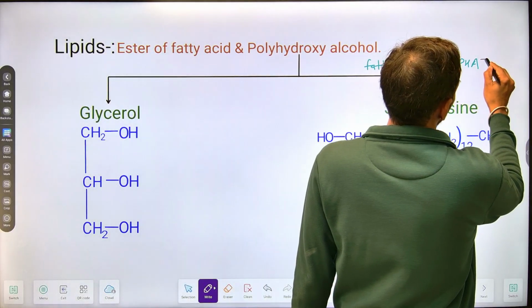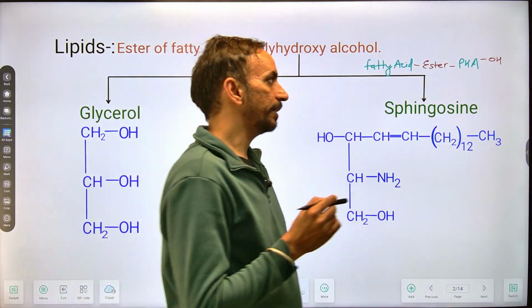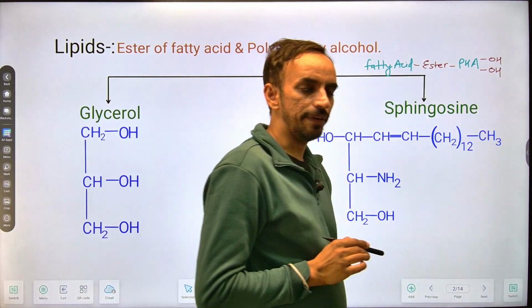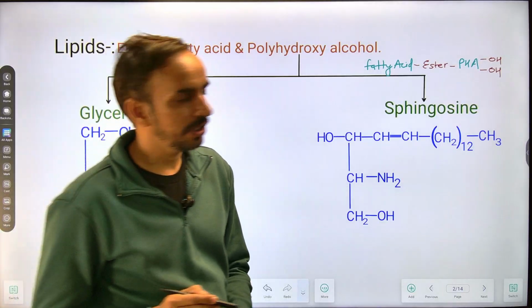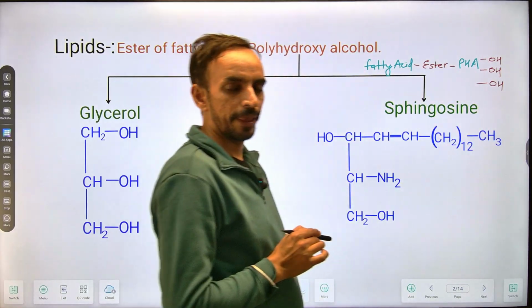Polyhydroxy alcohol: if there is a presence of a single OH group, it is called monohydroxy alcohol. If there is a presence of two hydroxyl groups, it is called dihydroxy. And if there is a presence of more than two hydroxyl groups, then it is called polyhydroxy alcohol.